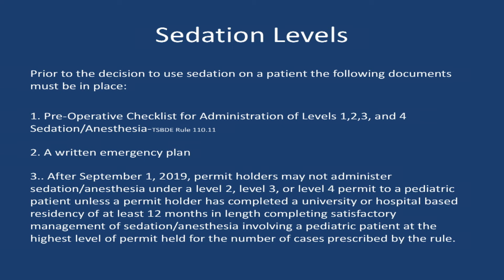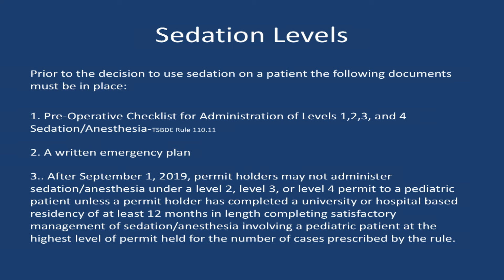A decision to use sedation on a patient requires that the following documents must be in place: a preoperative checklist for administration of levels 1, 2, 3, and 4 sedation anesthesia governed by TSBDE rules, and a written emergency plan.